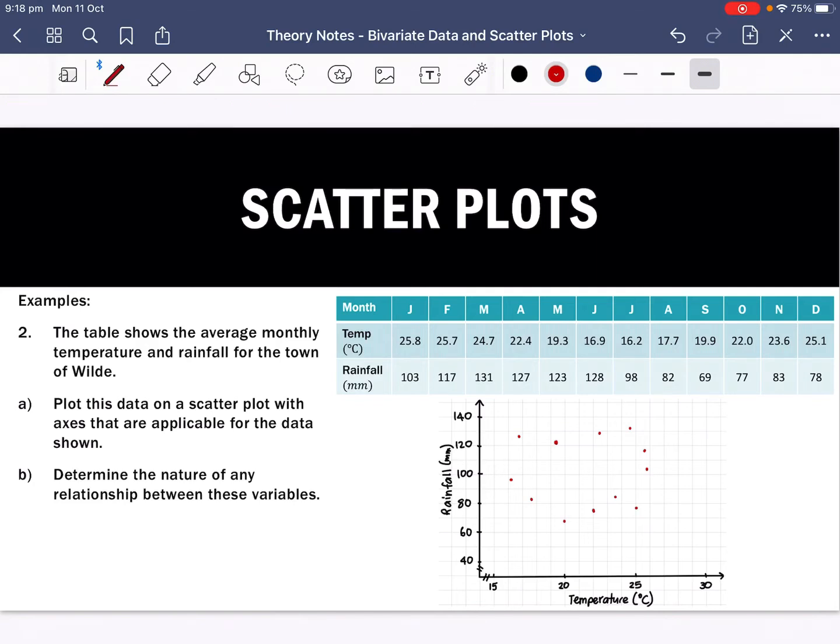So what we then have is to determine the nature of any relationship between these variables. So it's very random, so there is no increasing or decreasing pattern here, and according to the set of data there is no relationship between the variables.